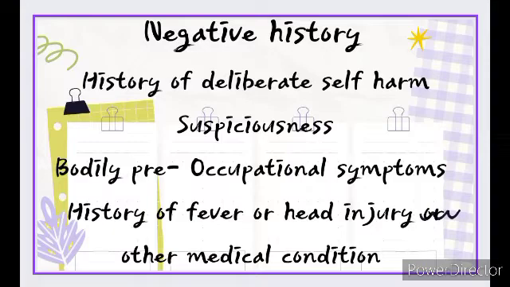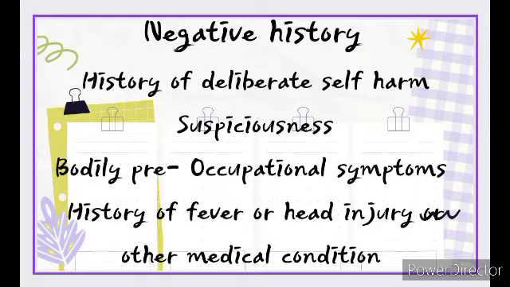If the person has preoccupied symptoms in his or her body, this type of information can help the doctor know if in some way it helps the problem grow. After that, history of fever or head injury, we have to write that.